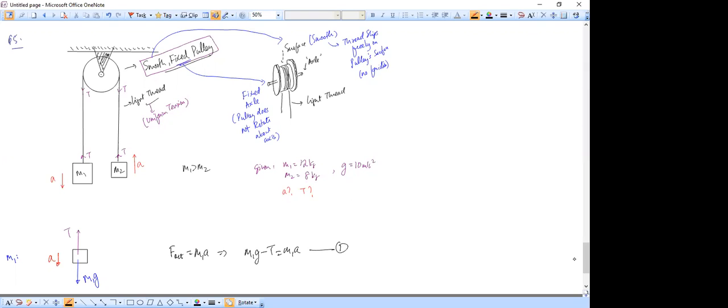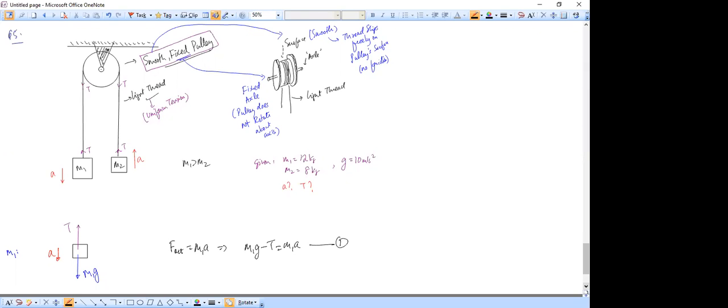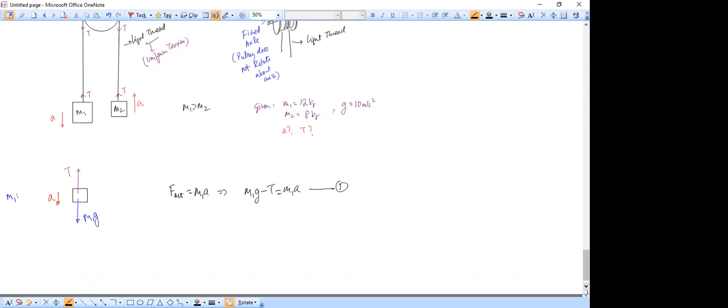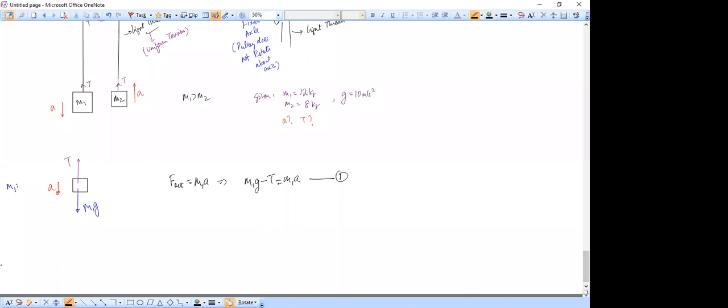Whereas if you look at the situation of the other block, M2, it's accelerating upwards. So for M2, it's the tension which is dominating. The FBD looks the same, but because the weight is less in comparison, the tension is dominating.